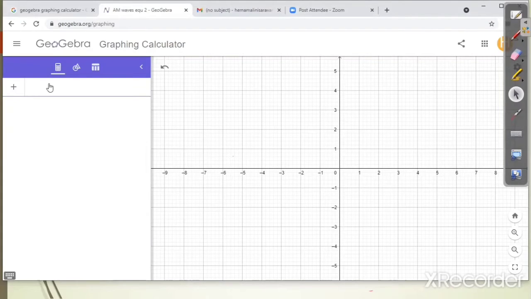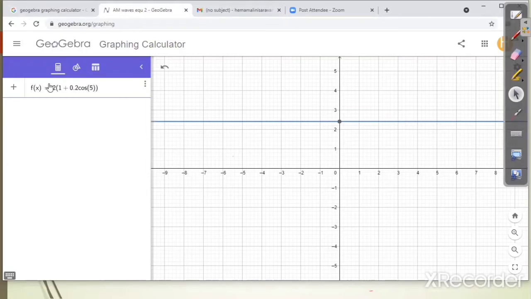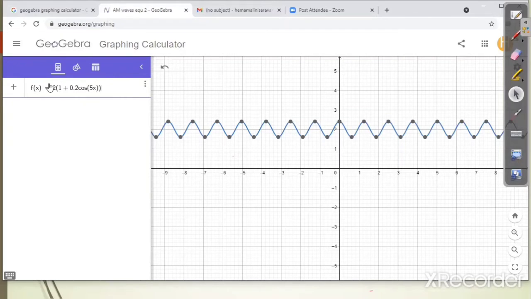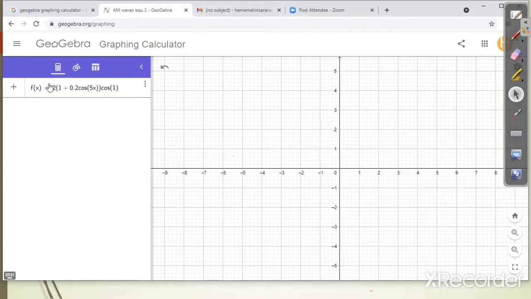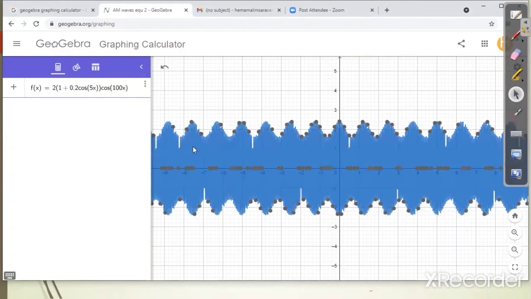So f(x) = 2 into (1 + 0.2 cos(πx)) into cos(100x). After finishing this equation, we can observe our waveform here.